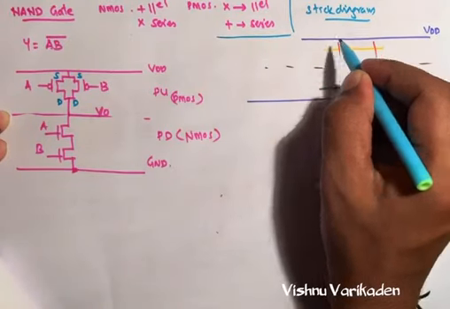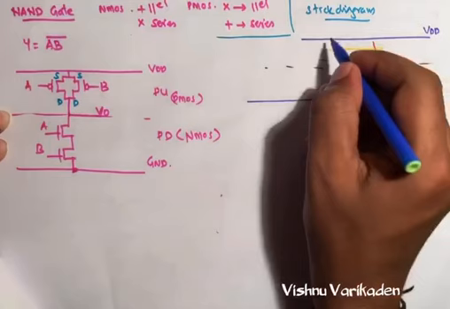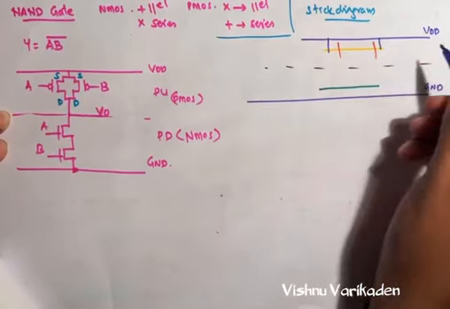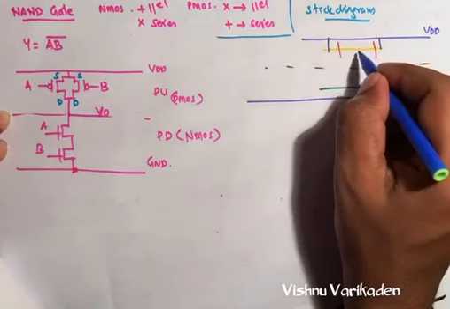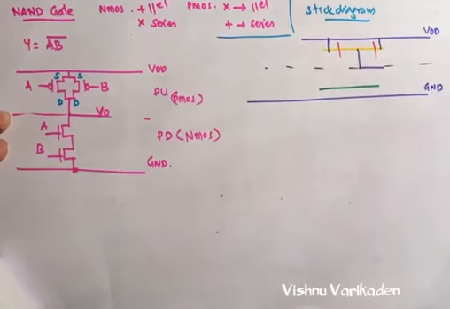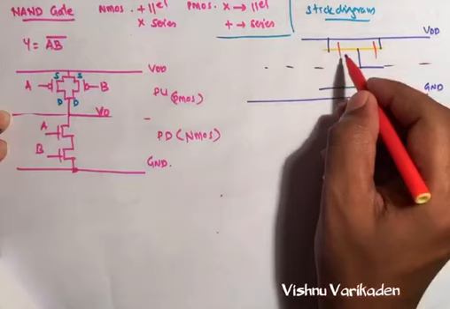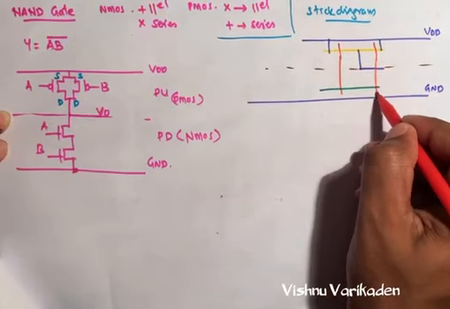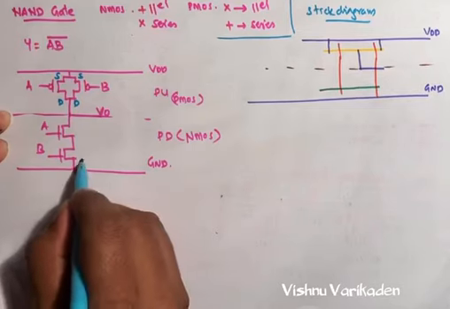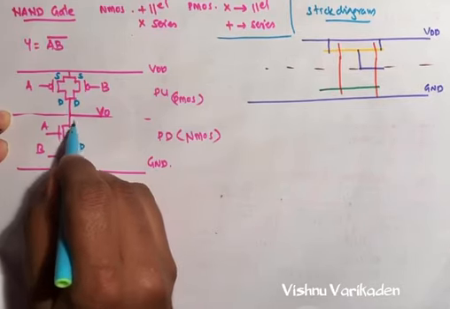So source is connecting to the metal. One of the others is connecting to metal. So this is the drain. We can take the drain to the output. So we can also make A, and this one for B. So A is here. So we can write this source drain, then source drain.